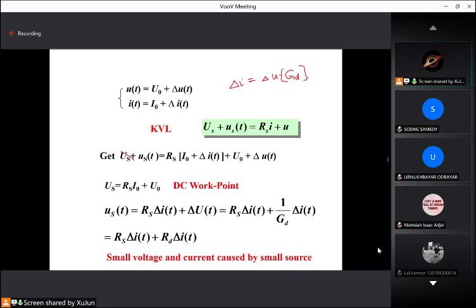Because US equal to I0 and U0, so UST, the AC source, equal to RS times delta IT. This is a linear part, linear resistance. Delta UT is 1/GD times delta IT. So this is for the nonlinear part. This is the AC source, the RS.